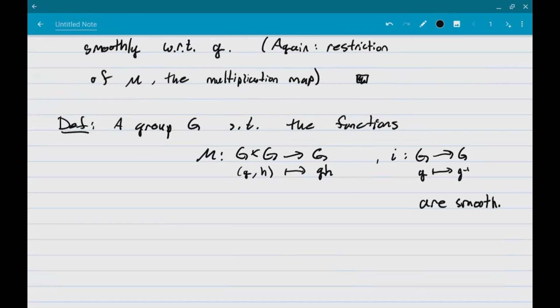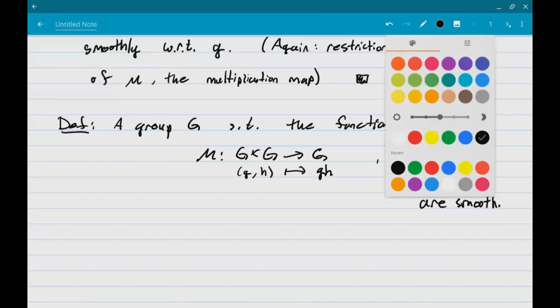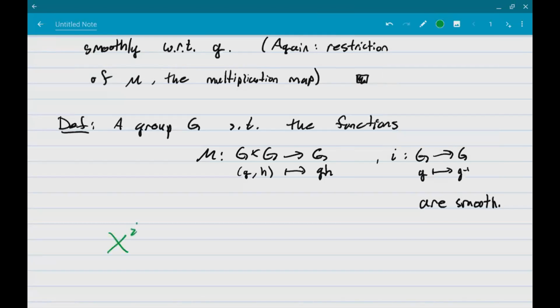So in a super informal way, let's say that I move from xi at G to xi at G prime.